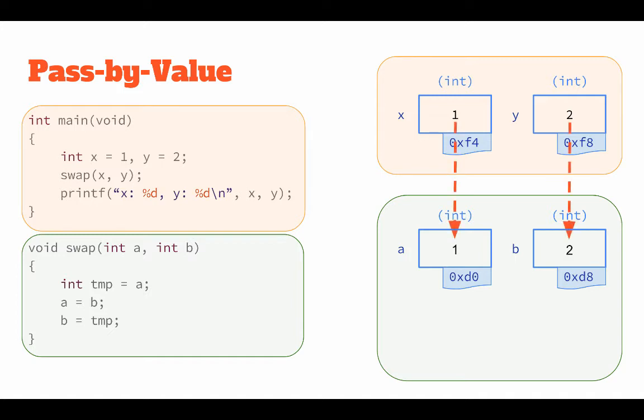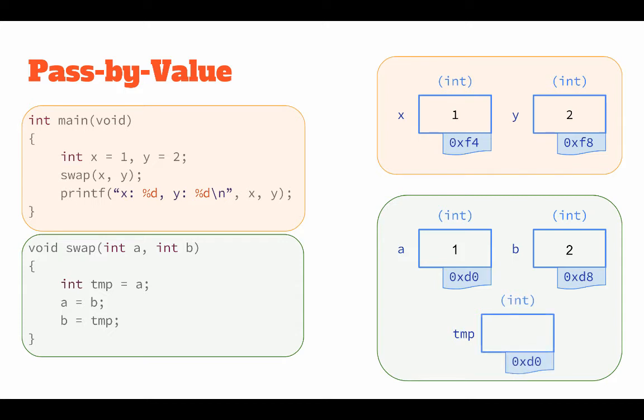When I'm using this pass by value, so when I call swap and pass in x and y, what happens is a copy of the value stored in x is put into a, and a copy of the value stored in y is put into my new variable b. Again, completely disjoint variables. They're not related anymore at this point as far as we're concerned.